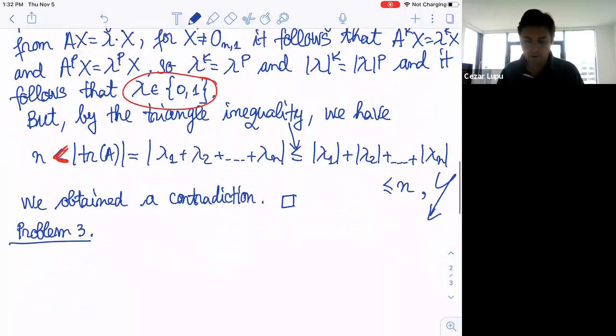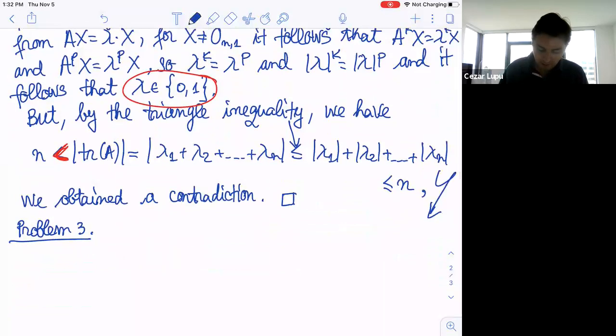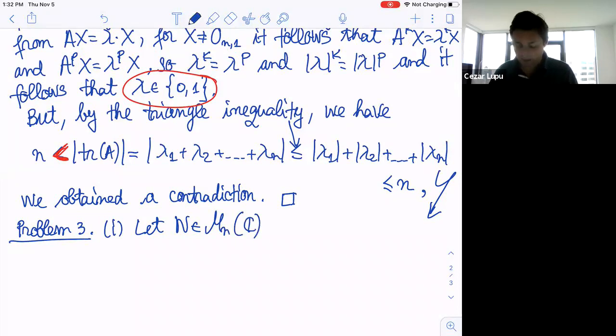Okay, there are 2 parts here. So part I, it says the following: let N in M_n, so it's an n by n matrix with complex entries, but more than that, be a nilpotent matrix.